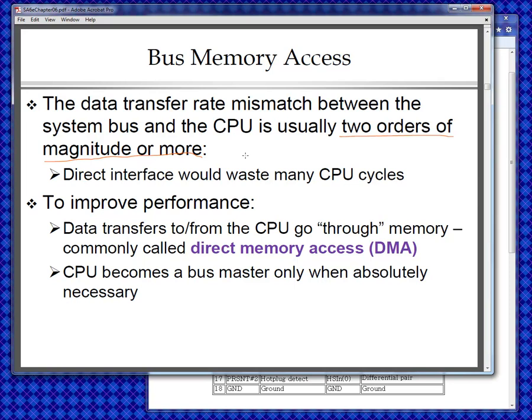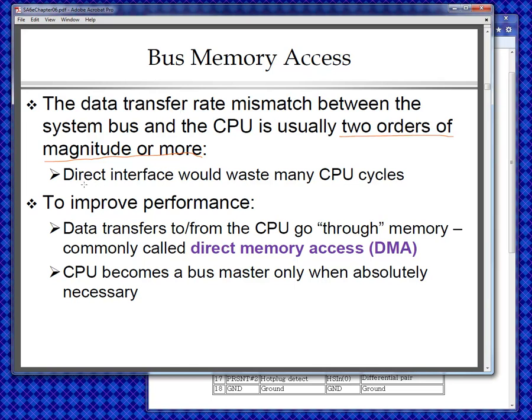The fastest devices in the system, say the video card, might be only 1 order of magnitude slower than the CPU. Things like disk drives might be 2, 2.5, 3 orders of magnitude slower. Things like keyboards aren't even in the same universe in terms of speed. Even a gigabit network card is several orders of magnitude slower than the CPU, and the bus.